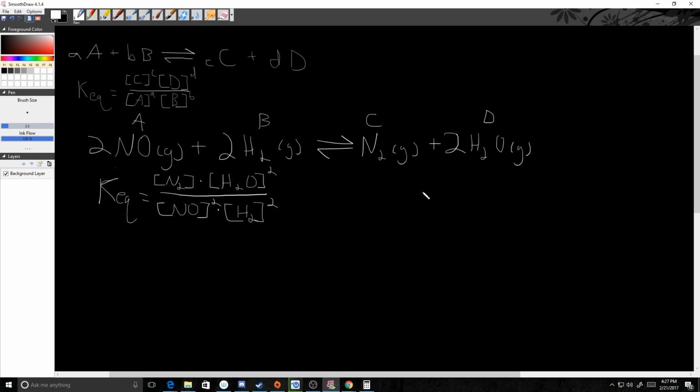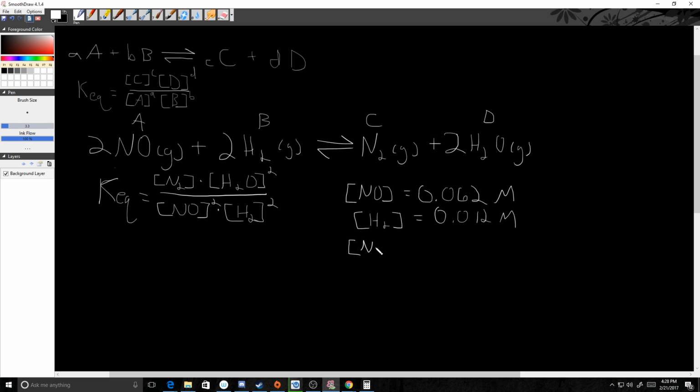So let's say that experimentally, we found out at equilibrium, doesn't matter what we started with, we have 0.62 molar of the nitrogen monoxide, 0.012 molar of the H2.